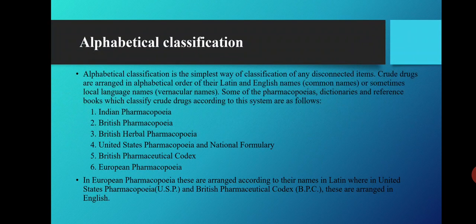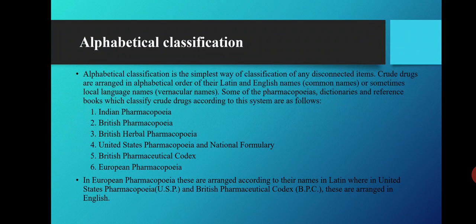Some of the pharmacopoeias, dictionaries and reference books which classify crude drugs according to this system are as follows: Indian Pharmacopoeia, British Herbal Pharmacopoeia, United States Pharmacopoeia, National Formulary, British Pharmaceutical Codex, European Pharmacopoeia. In European Pharmacopoeia, these are arranged according to the names in Latin, whereas in United States and British they are arranged in English.